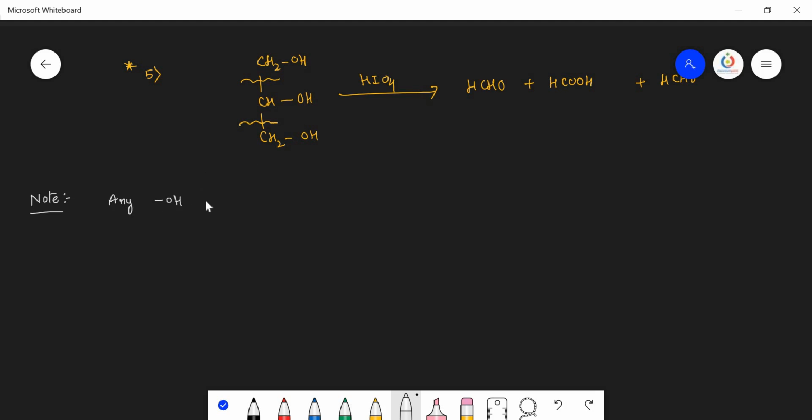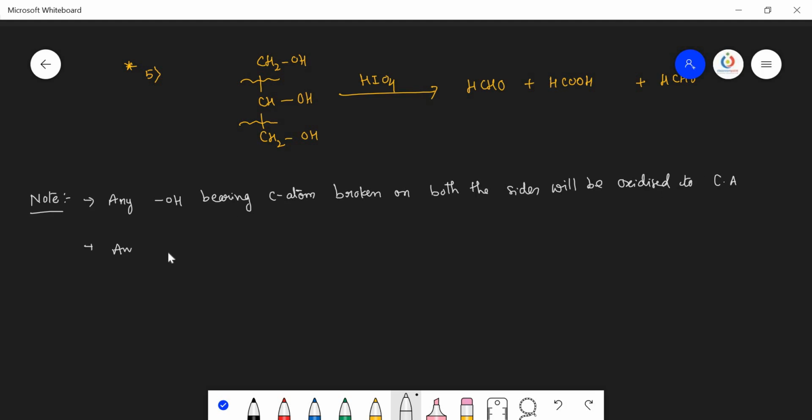Any OH-bearing carbon atom broken on both sides will be oxidized to carboxylic acid. This is the first point.